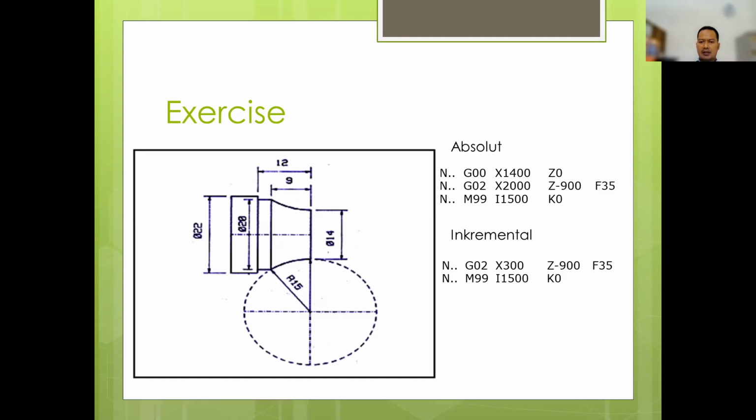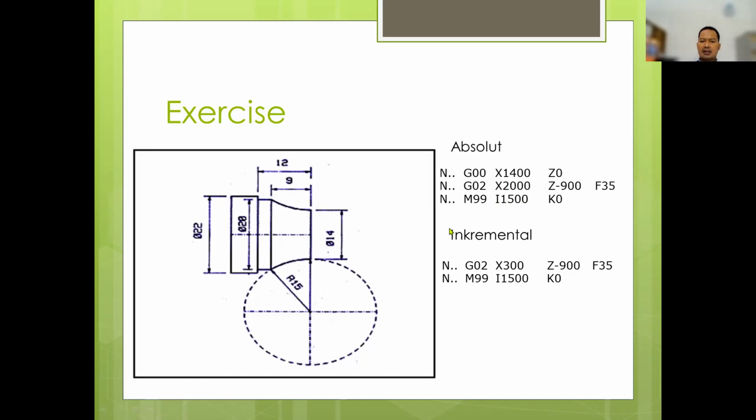This is only the finishing process, so only the G02. From the figure we can see here, the X is a diameter. This is the 20 actually. 20 is this one, and the Z is -9, this distance. And then for the M99, the I is 15.